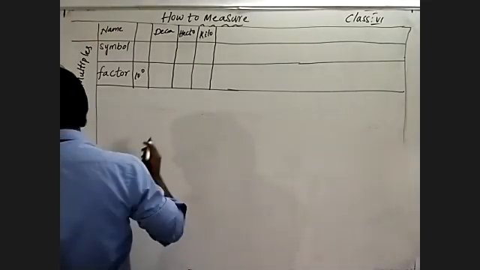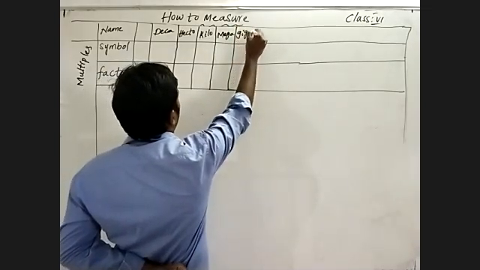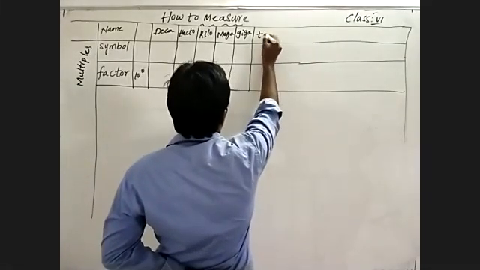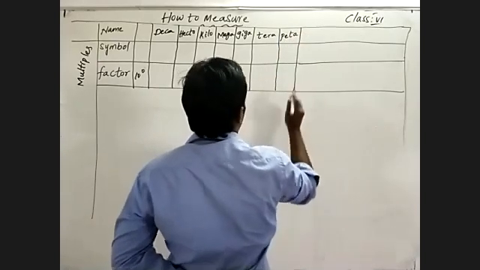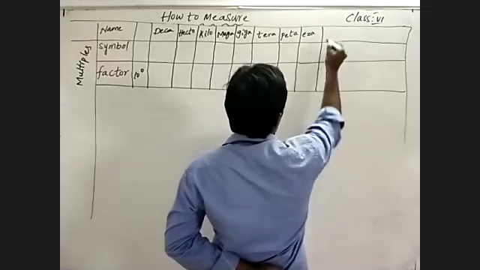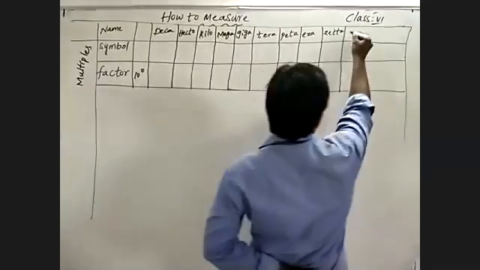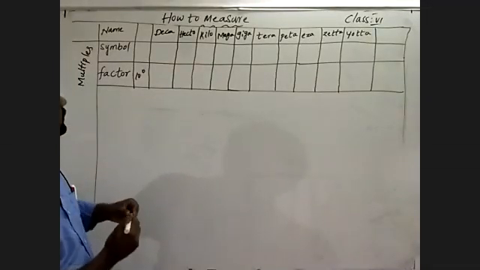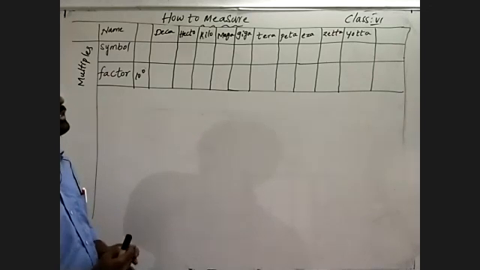Kilo and mega, mega and giga, giga and tera, then peta, exa, zetta, yotta. Deca, hecto, kilo, mega, giga, tera, peta, exa, zetta, yotta.